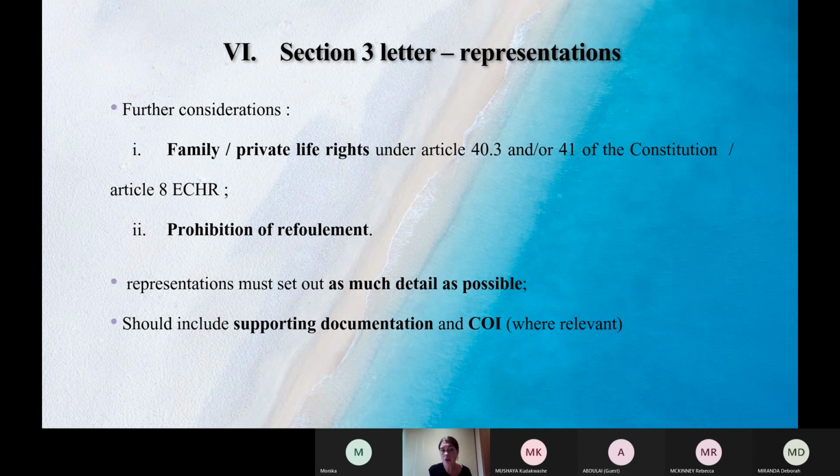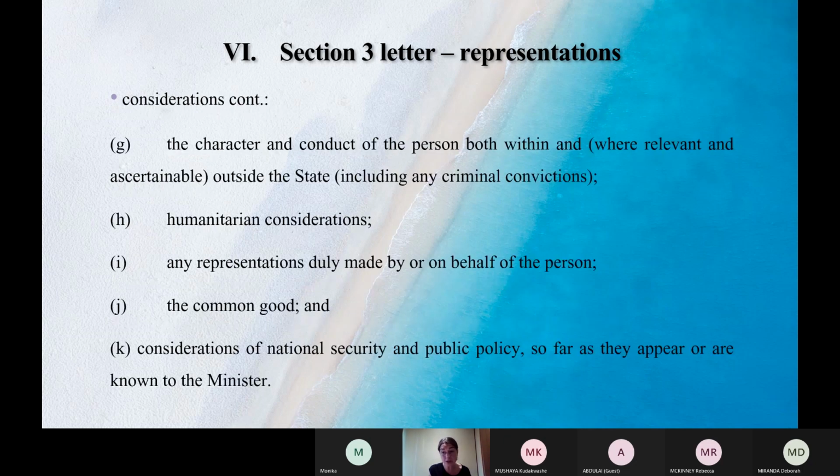So in setting out the representations, addressing all of these, and they should all be addressed to some extent, even if they don't really apply, a strong letter sets out representations on why a person should be allowed permission to remain. A strong one sets out all of these criteria in as much detail as possible.